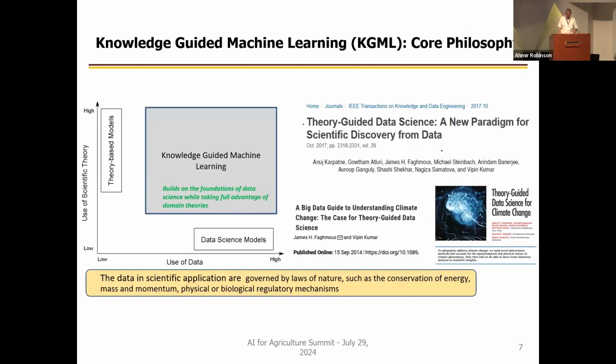So this talk is about a combination of these two methods, which builds the scientific knowledge that's embedded in the discipline into the machine learning model. We call this theory-guided data science or knowledge-guided machine learning. This allows these algorithms to use information like laws of nature and other things. This is a very fast-growing area of research.